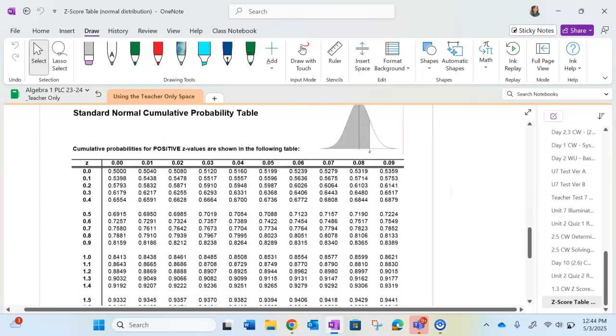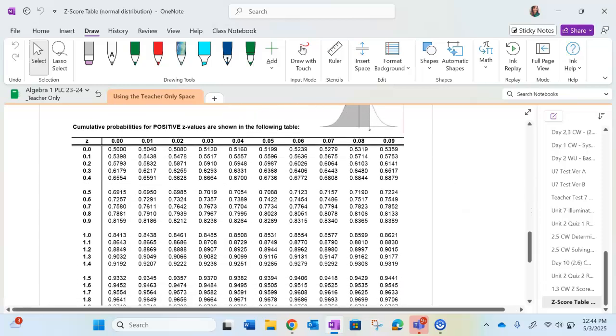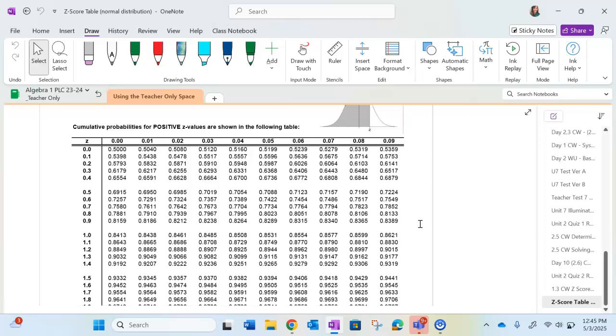So now I'm going to go down to the positive ones, okay? Now, these are the rows. See how there's some number in front of the decimal and 1 place value after the decimal. But then across the top here are the columns that it pertains to, and it looks at the second decimal place or the 100th place.